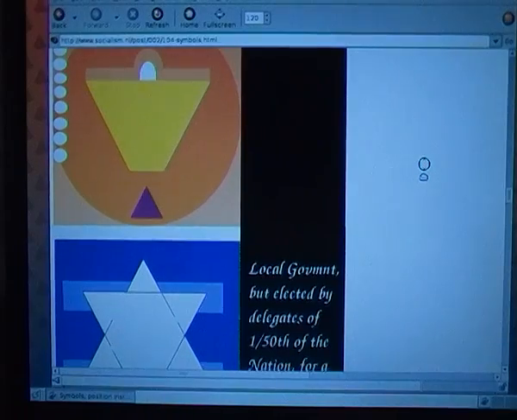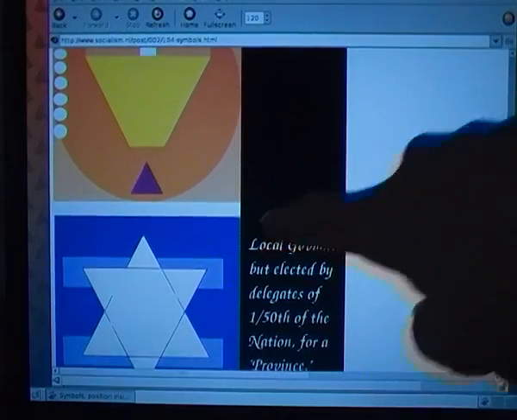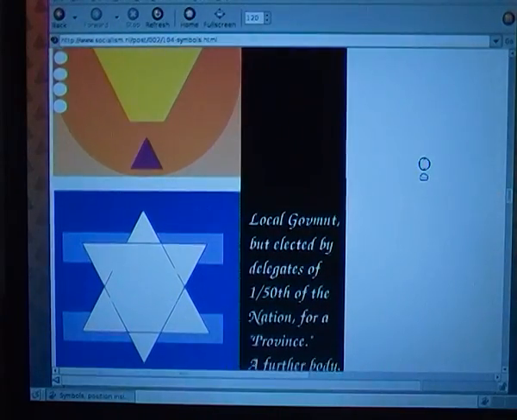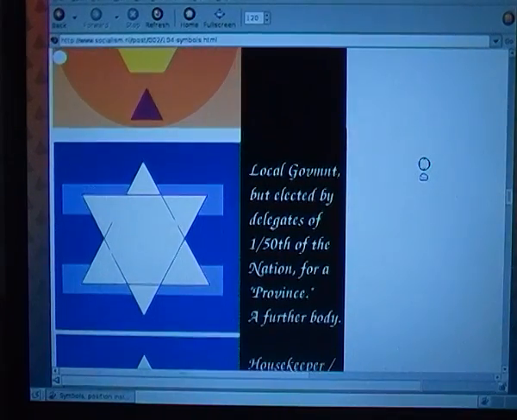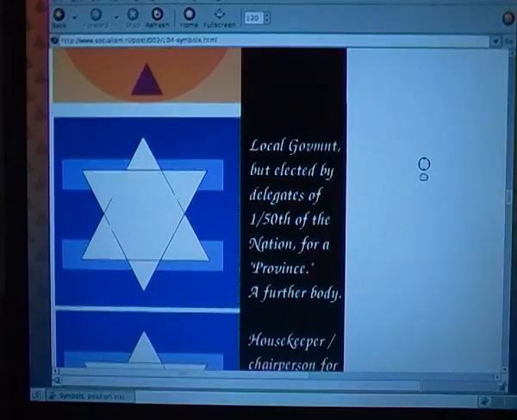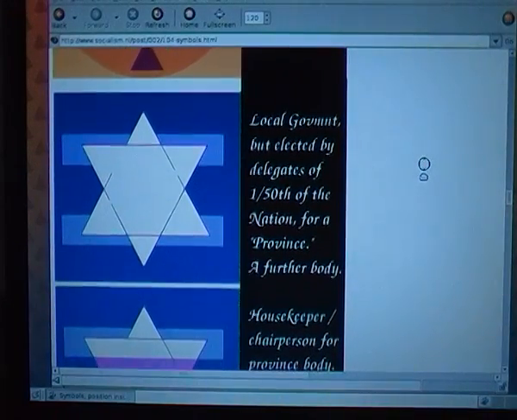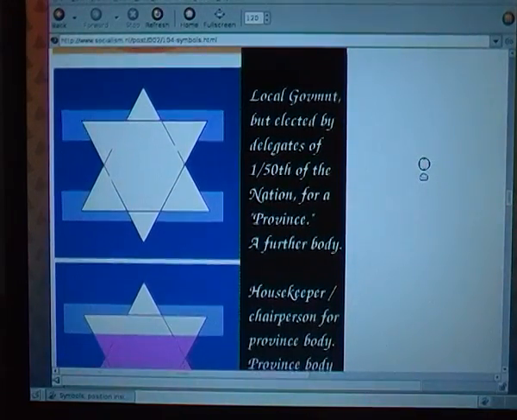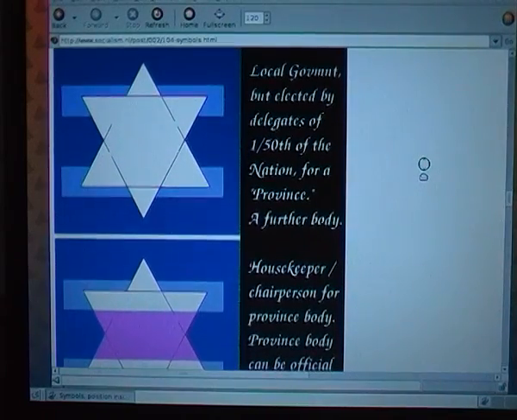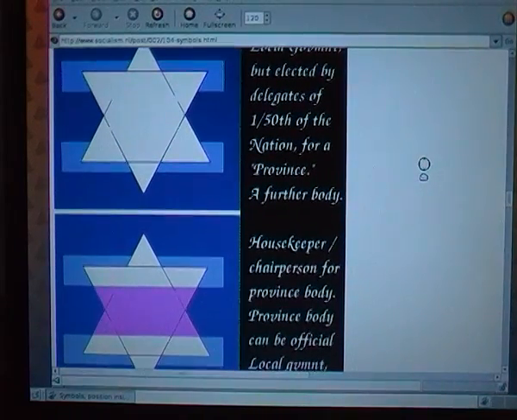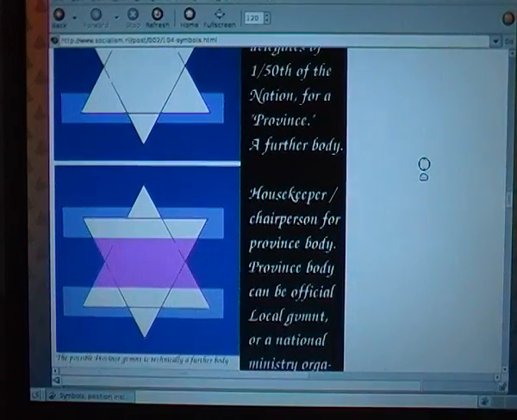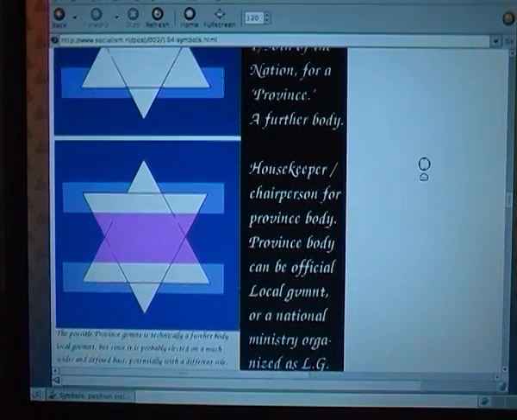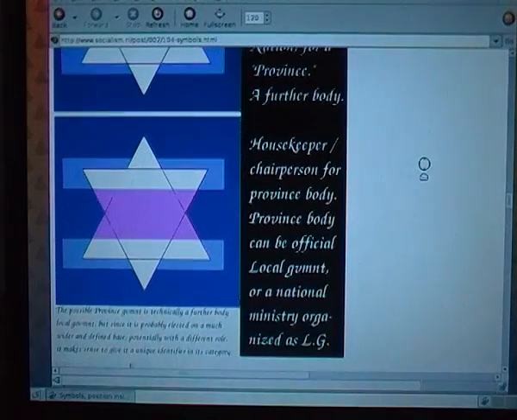And then we have here a symbol for a provincial government, 1/50 of the nation, which is not mentioned in the constitution, but you can set it up as part of the room that the system allows for the erection of councils.